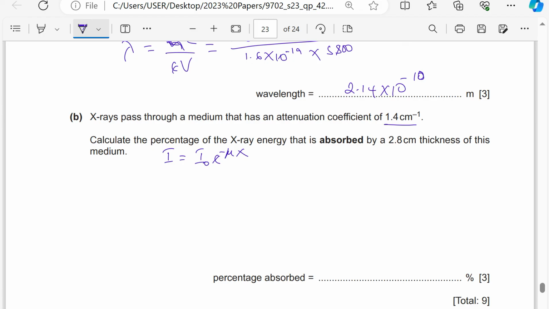Remember, I is the intensity transmitted, I naught is the incident intensity, mu is the linear attenuation coefficient, and x is the thickness. So the intensity transmitted over the incident intensity is going to be e power negative mu x. Mu is 1.4. I will not change the units because this is per centimeter and this is centimeter. So I'll just say times 2.8.